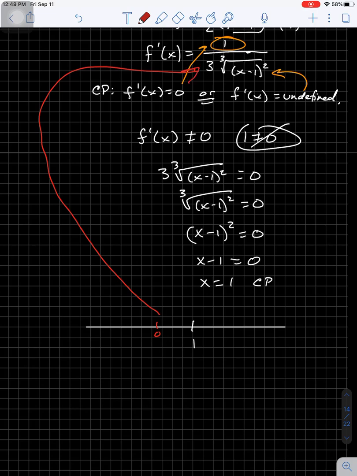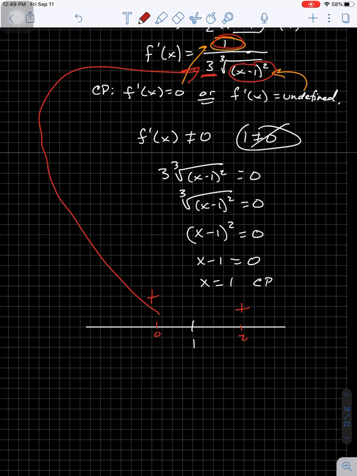That's going to be 1 over this thing right here, which gets squared, so that's always positive. And the 3 is always positive, and the 1 is always positive. So no matter what I plug in here, I'm going to get positive values. There's no way a negative is coming out of that thing.